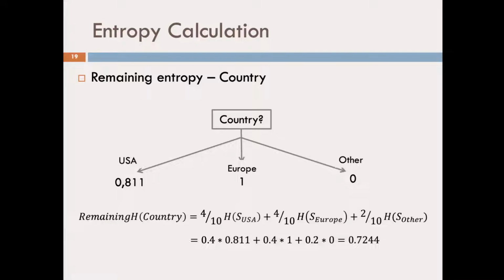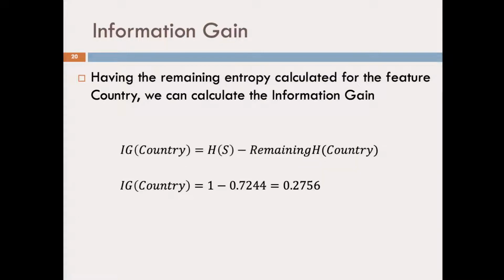0.4081, 0.41, 0.20. Then the remaining entropy for the feature country is 0.7244. Okay, so save this number. Now to calculate the information gain for the feature country, we have to take the entropy for the whole data set, that's 1, minus the remaining entropy that we just calculated for the feature country, that's 0.7244.